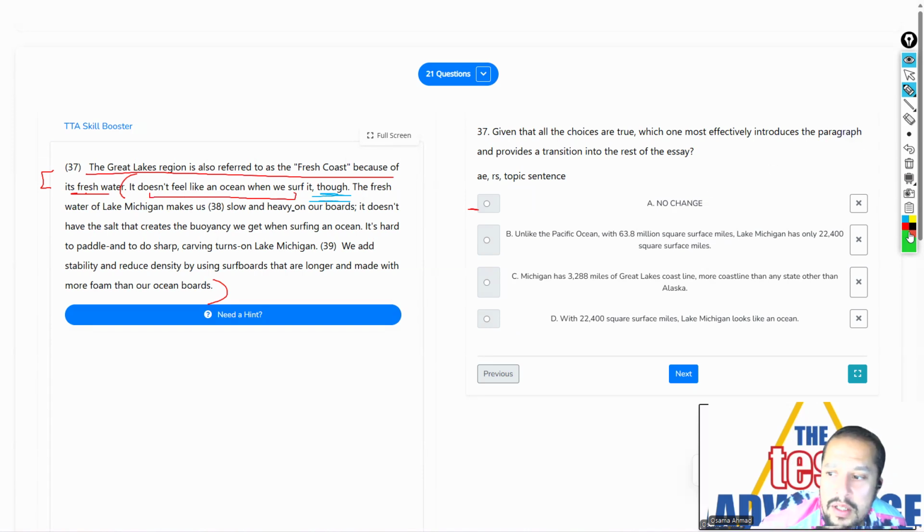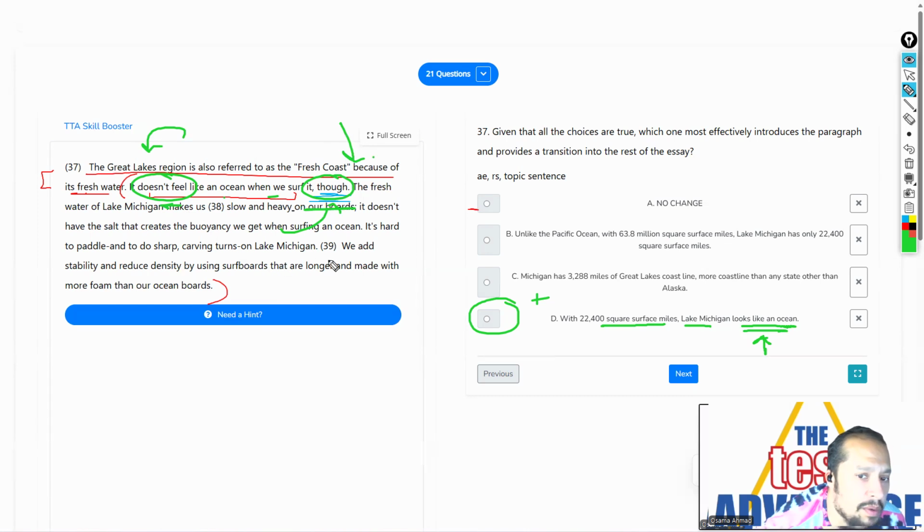We need a contrast here. So it doesn't feel like an ocean, though. That means the previous sentence, the answer is D. With 22,400 square miles, Lake Michigan looks like an ocean. It doesn't feel like an ocean, though. So this gives us the positive-negative contrast. We must have a conjunction that shows that, by the way.